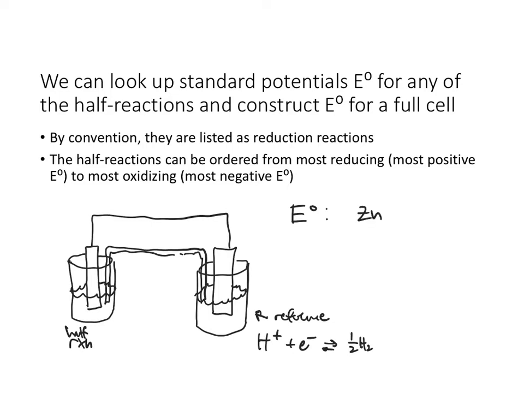So let's consider this reaction. Zinc 2 plus accepting 2 electrons from this wire. So let's say we have zinc 2 plus solution over there. And then it's forming solid zinc through a reduction reaction. Then that E0 is going to equal negative 0.7618.